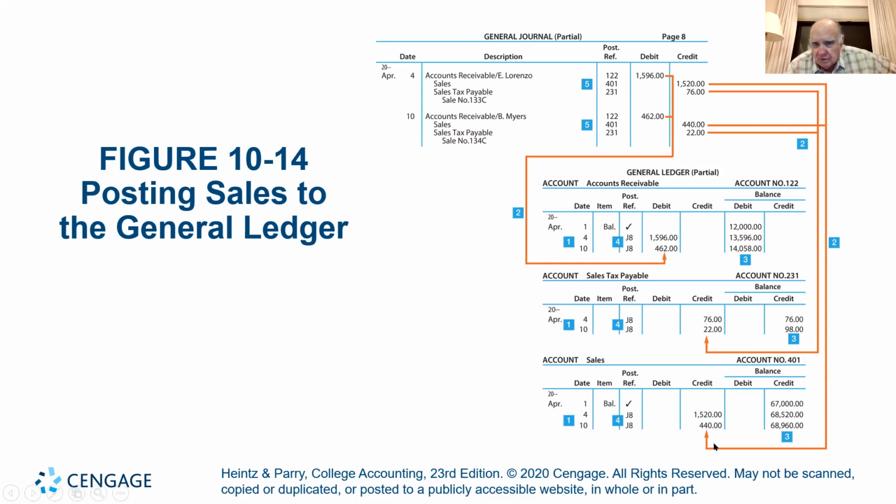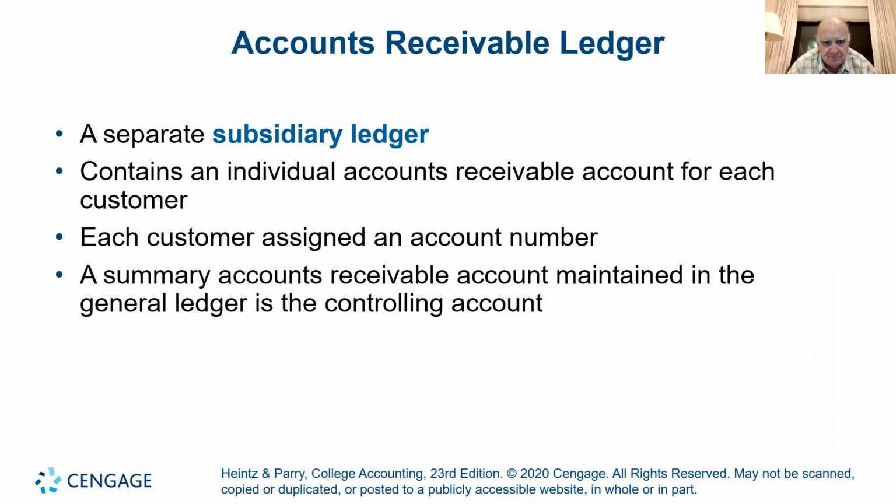Okay, so that's not too tough. And here they're showing you the journal entry. This is just a repeat of what we saw on the prior page. So we want to get familiar with these easy sales transactions. In this chapter, we're doing sales. Next chapter, it will be cost of sales or cost of goods sold.